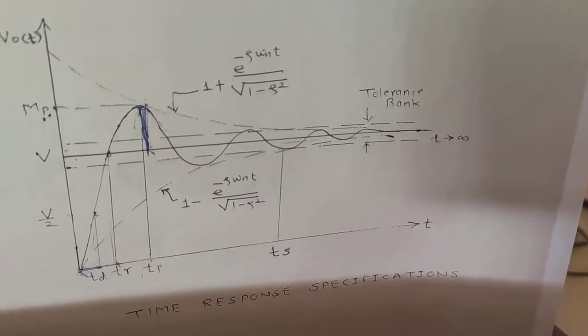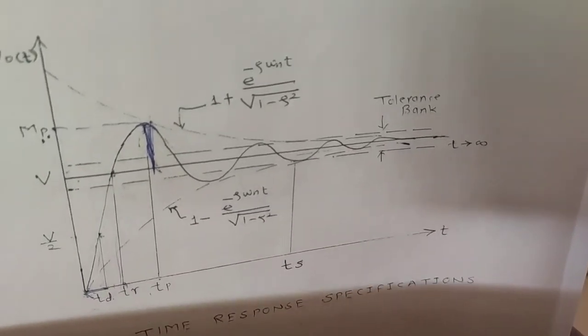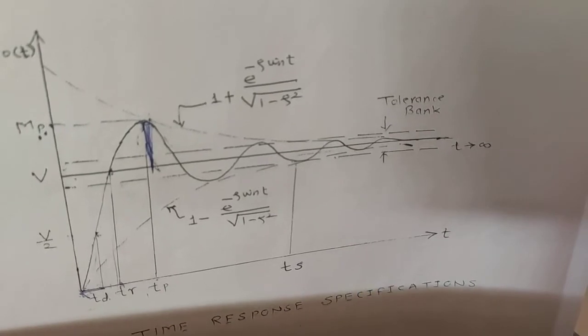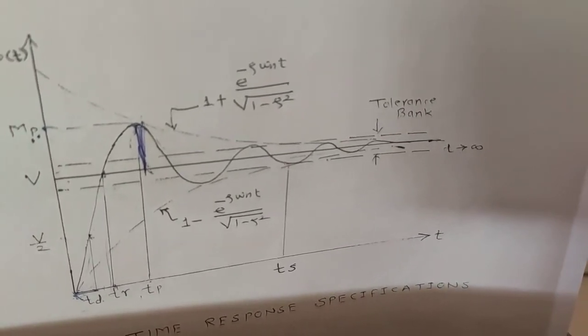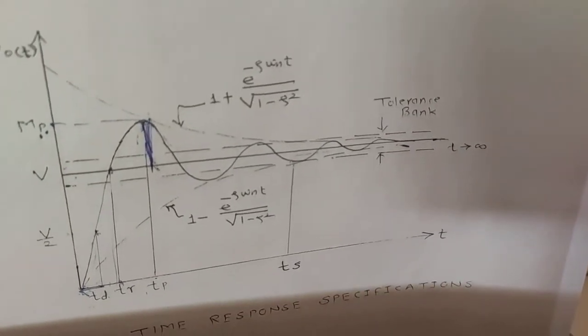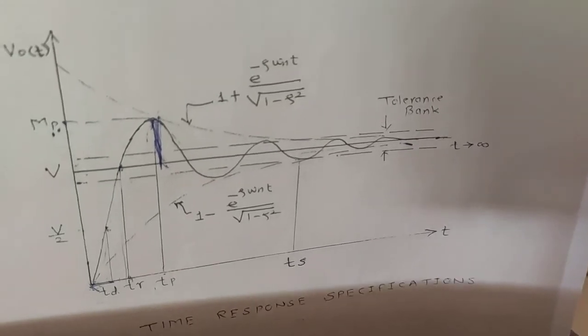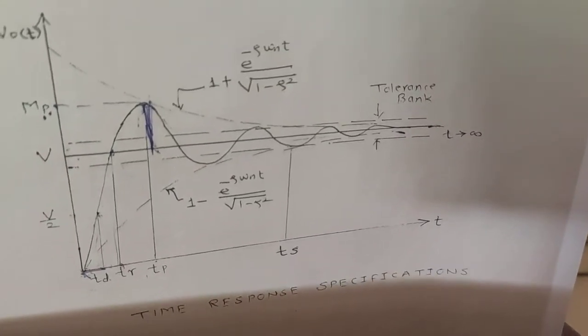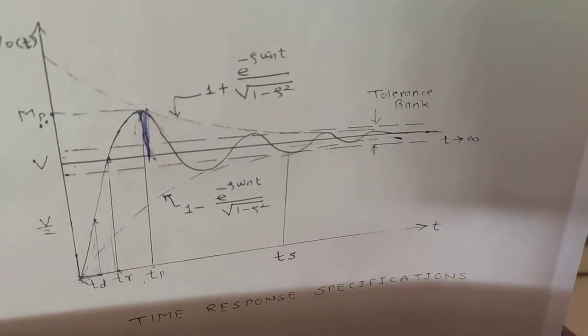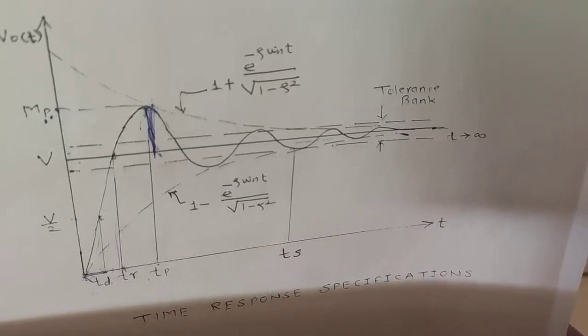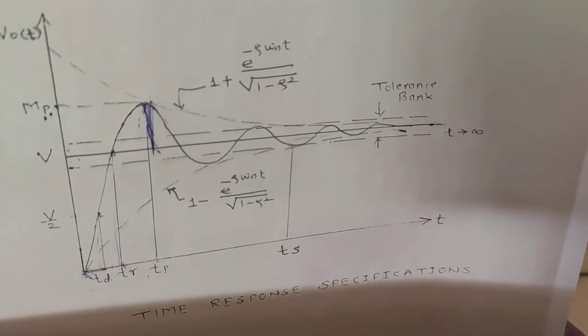Maximum overshoot we can also find. By observing this response on the digital oscilloscope, we can measure the same parameters, that is settling time, rise time, delay time, maximum overshoot.